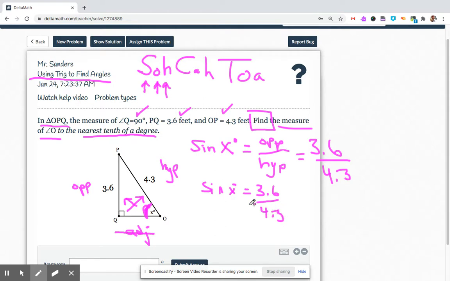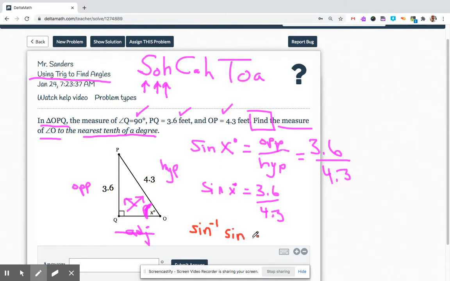To get x by itself, we have to get rid of sine. The opposite of sine is sine inverse. That's a little bit new for us. And what you do to one side, you do to the other. There are a couple of different ways that we write it. A little -1 exponent is one of the ways.